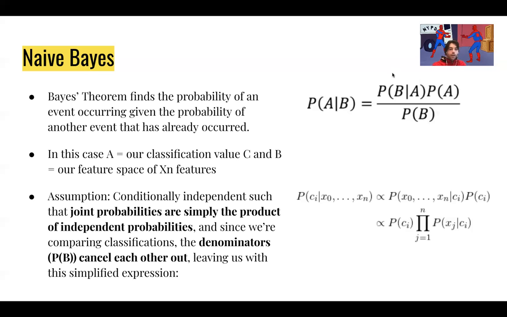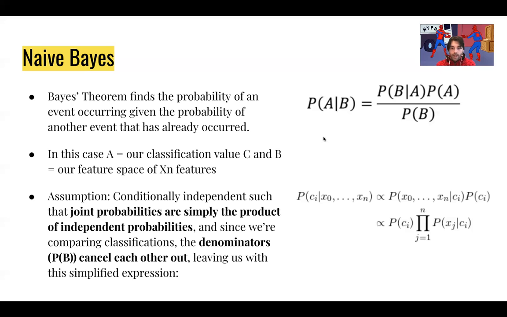The other thing to note is that part of the naive aspect of naive Bayes is assuming conditional independence. For our x1, x2, x3, we completely assume that they're independent. And thus the joint probability of that particular combination is simply the product of those individual probabilities: the probability of x1 times the probability of x2 times the probability of x3.